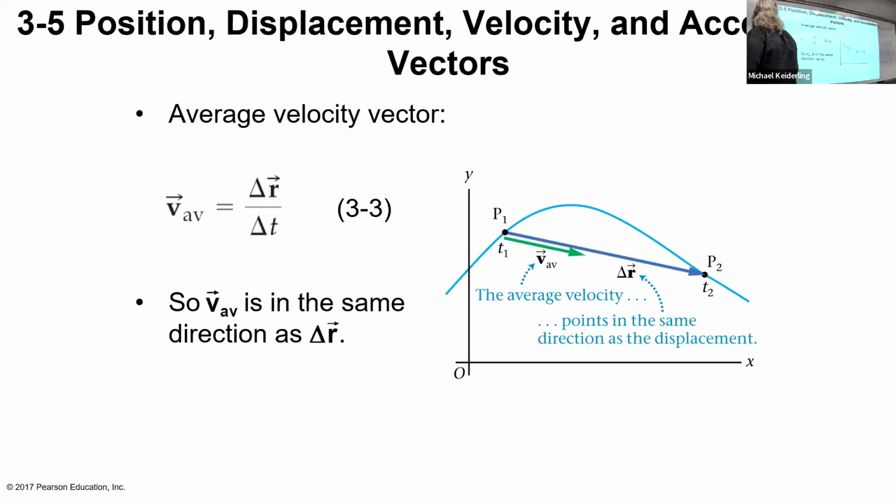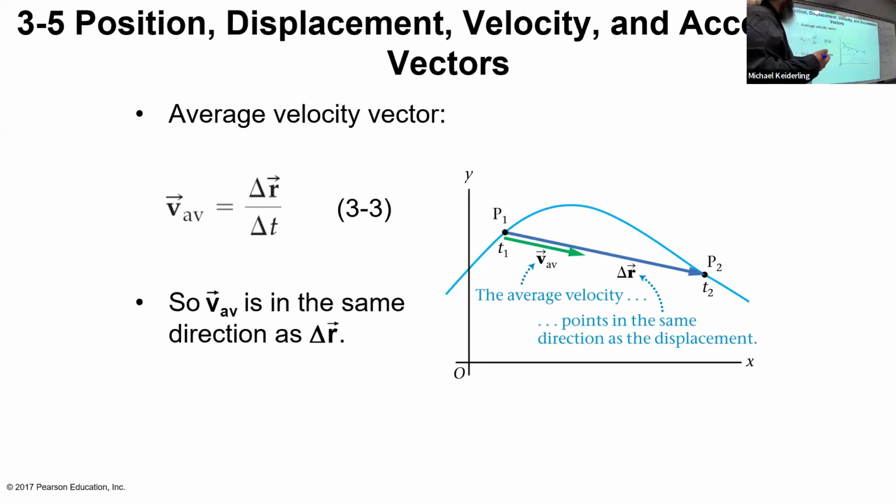So delta r equals r final minus r initial. Our average velocity is delta r over delta t. You'll notice that these are basically the same as the equations we had for velocity in one dimension, just instead of using x, we're using the vector r.